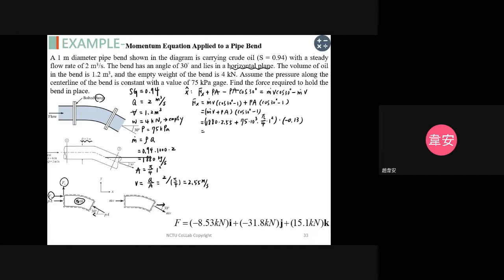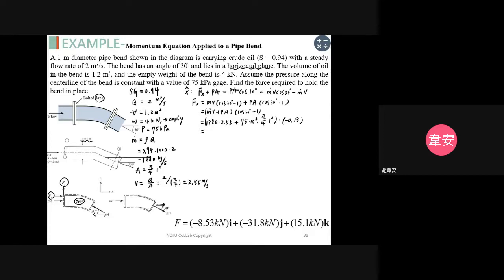Okay, and here I just compute the number by calculator. 1880 multiplied by 2.55 plus 775 multiplied by 1000 multiplied by pi divided by 4.